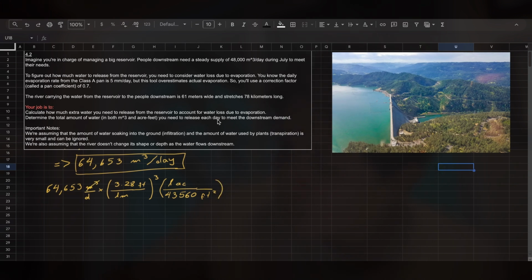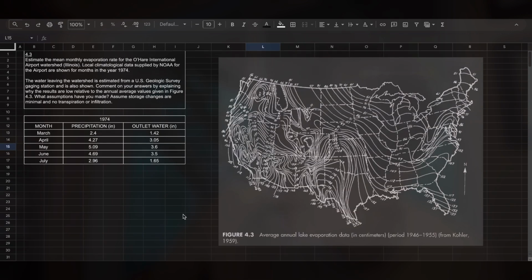So we only have acre feet per day. This is going to give us a value of about 52.37 acre feet per day, and these two values represent the same amount of water, just in different units. And that's it for this problem. So let's move on to 4.3.